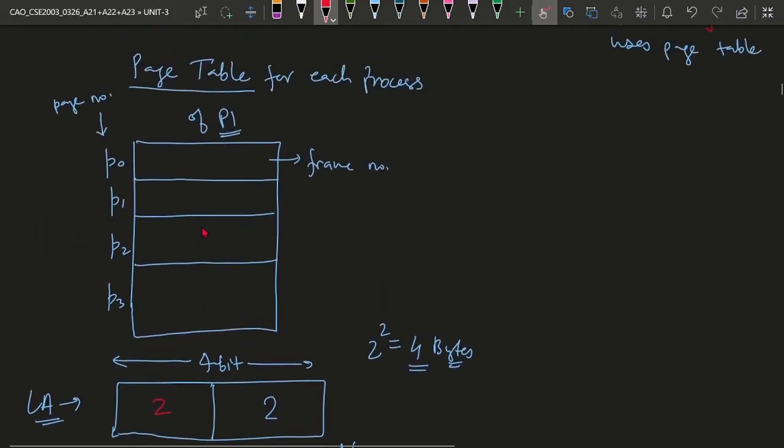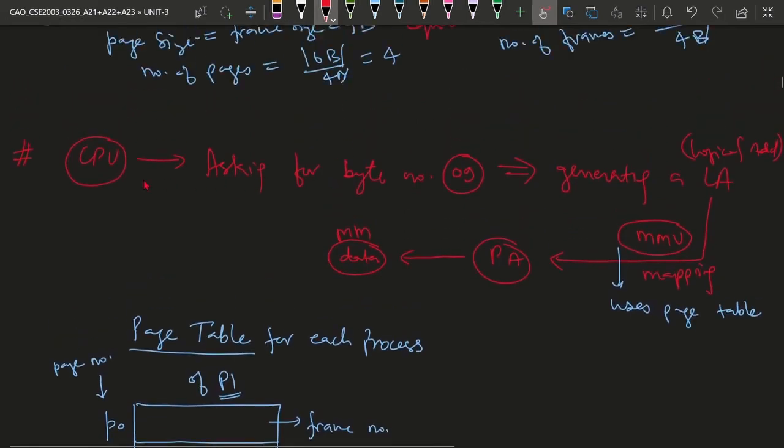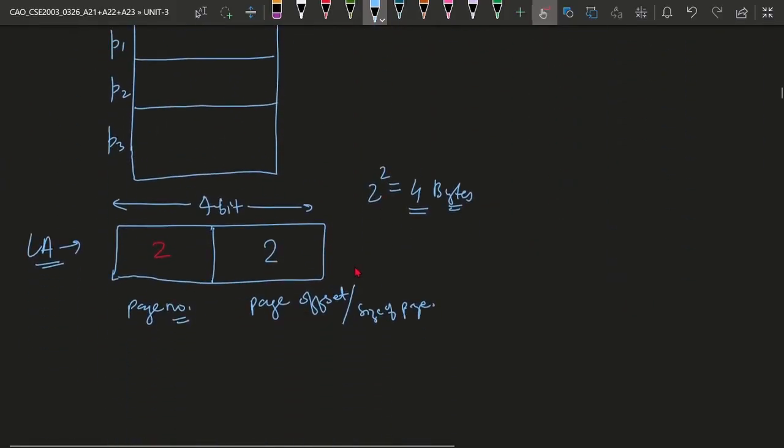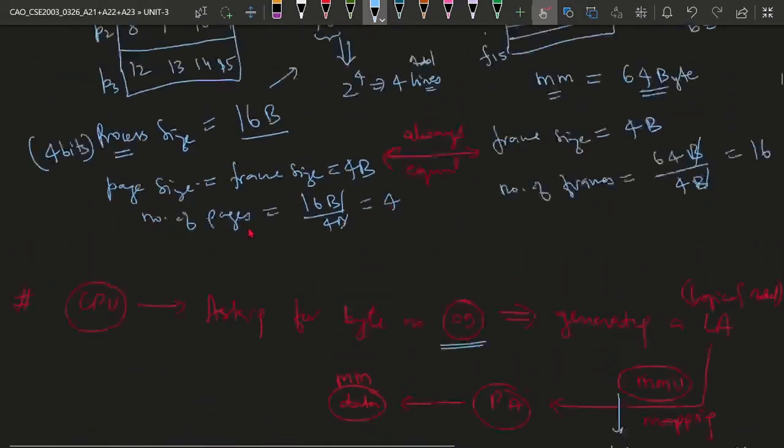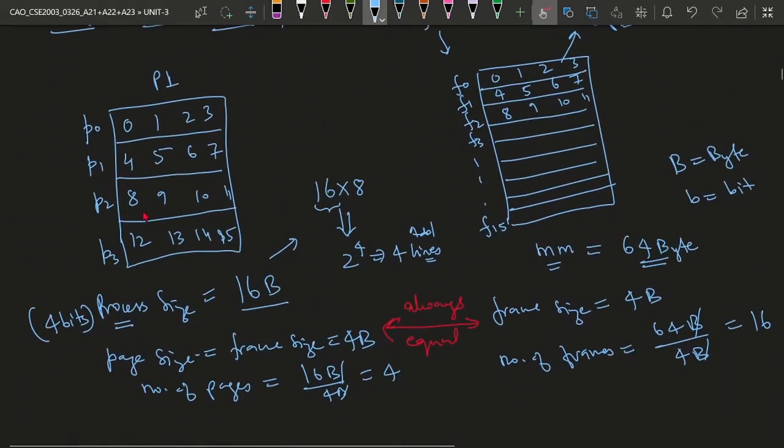Okay, so here the CPU is asking for byte number 9. You can see from here, this is the 9.